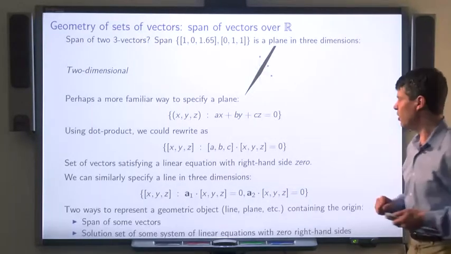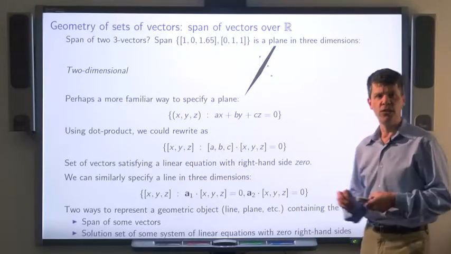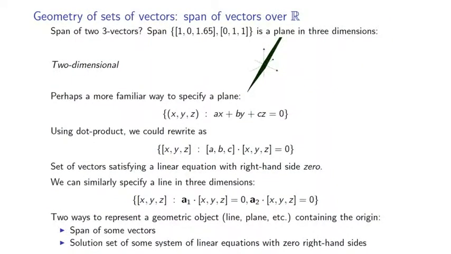So it seems we have 2 ways to represent a geometric object, such as a line or a plane. We can represent it as the span of some vectors, or we can represent it as the solution set to a set of linear equations where the right-hand sides are 0.